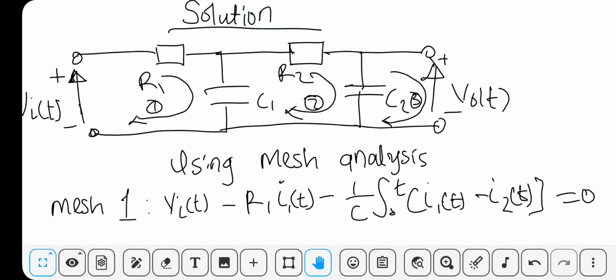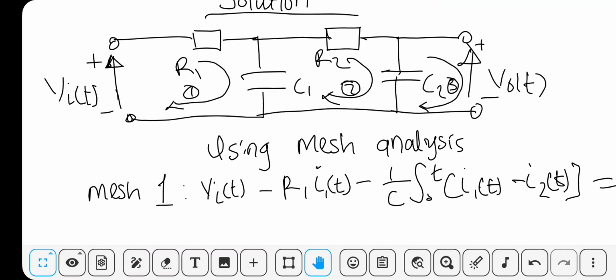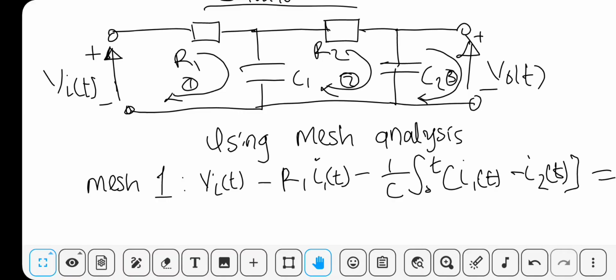Since there is no other circuit component, also know that if you are going through mesh 1 and there's a circuit component that is common to mesh 1 and mesh 2, or let me say loop 1 and loop 2, you do the current in mesh 1 minus the current in mesh 2.